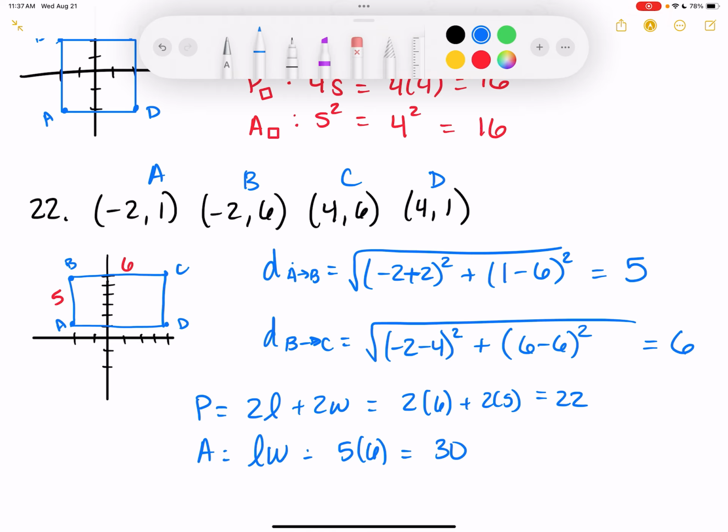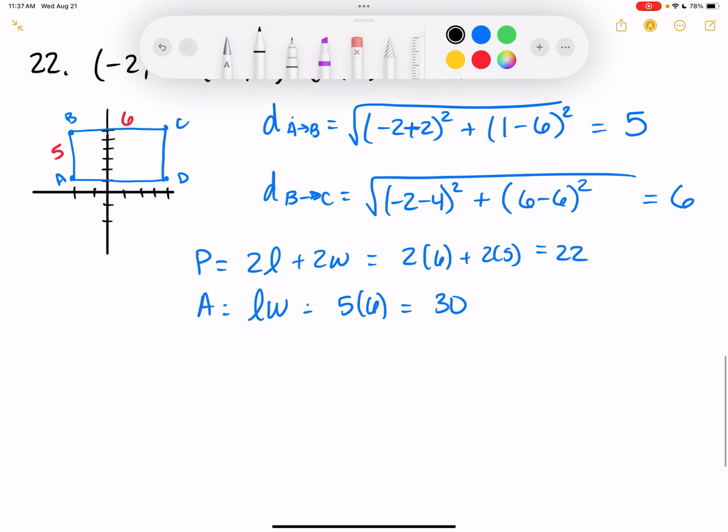Okay. One other thing that we need to do is a scatter plot. We are just going to do this by hand because this isn't a hard one. So this is number 30.